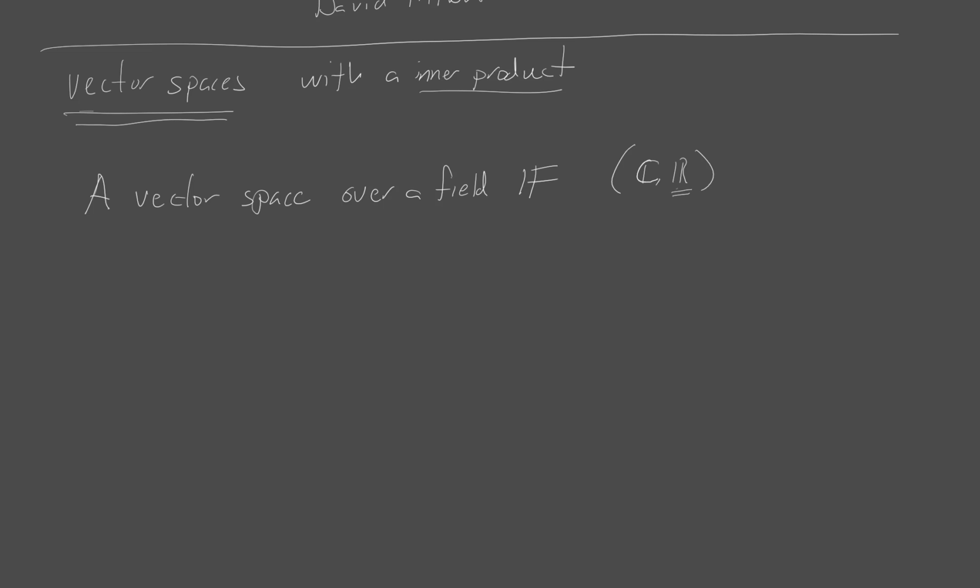So a vector space over a field F is a set V with an operation plus, so that the following hold.